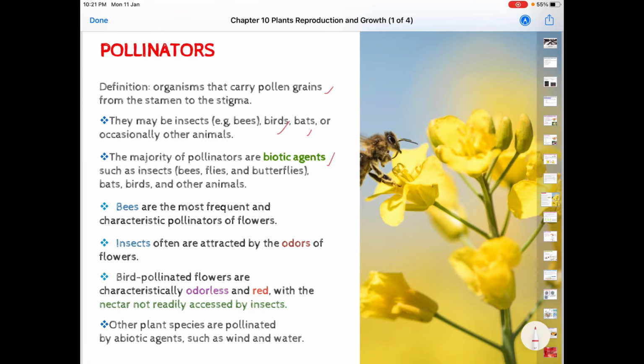Insects are often attracted to the odors of the flower. For example, bird-pollinated flowers are odorless and red, with nectar not readily accessed by insects. So these are the characteristics of flowers that birds normally pollinate. Other plant species are pollinated by abiotic agents such as wind and water, which are not living.